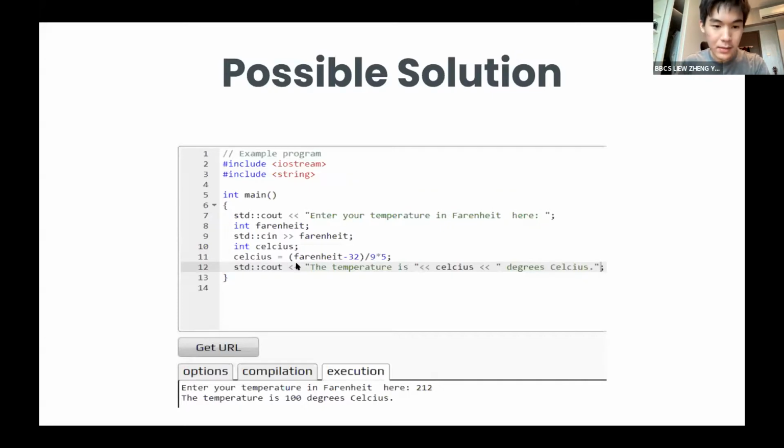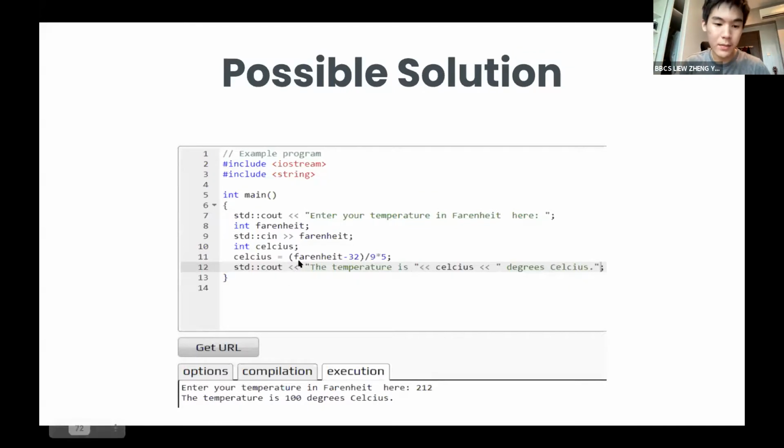Then next, in line 11, you would create this line where you did the Fahrenheit to Celsius conversion. So Celsius is equals to Fahrenheit minus 32 over 9 times 5. This is the formula for that. And then you will output the temperature is, and then using the output chaining, Celsius, which is your converted value of your temperature, degrees Celsius.